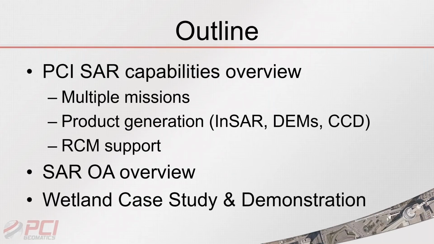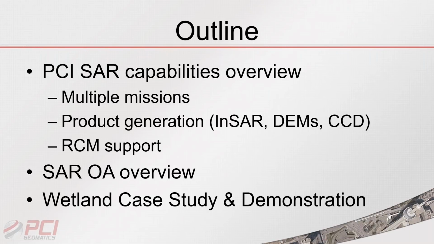So just a quick outline about today. We'd like to first of all give you a brief outline of the capabilities that are available within our technology. We do support multiple missions. We want to briefly explain some of the different products that could be generated, and we also want to touch upon the RadarSat Constellation Mission support, which is coming up, and tell you a little bit about that satellite and what we will be doing.